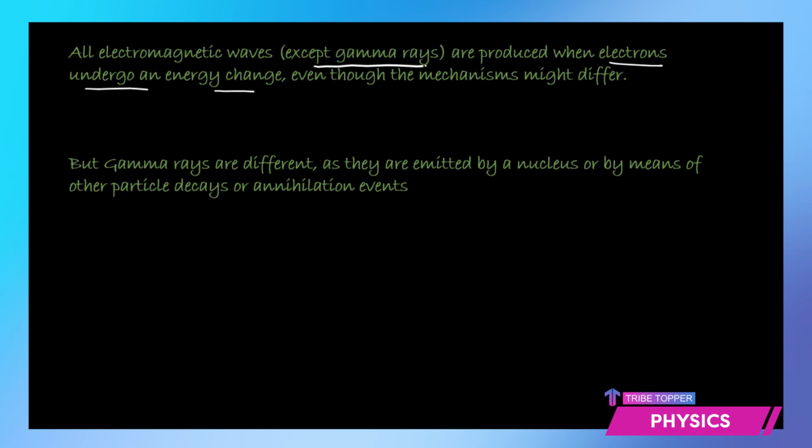The mechanisms might differ, but they are generally produced as electrons undergo energy changes. But gamma rays are a bit different in the source, because they are emitted by a nucleus. You might have heard of radioactive decay. So by means of decay or annihilation events, gamma rays are produced.